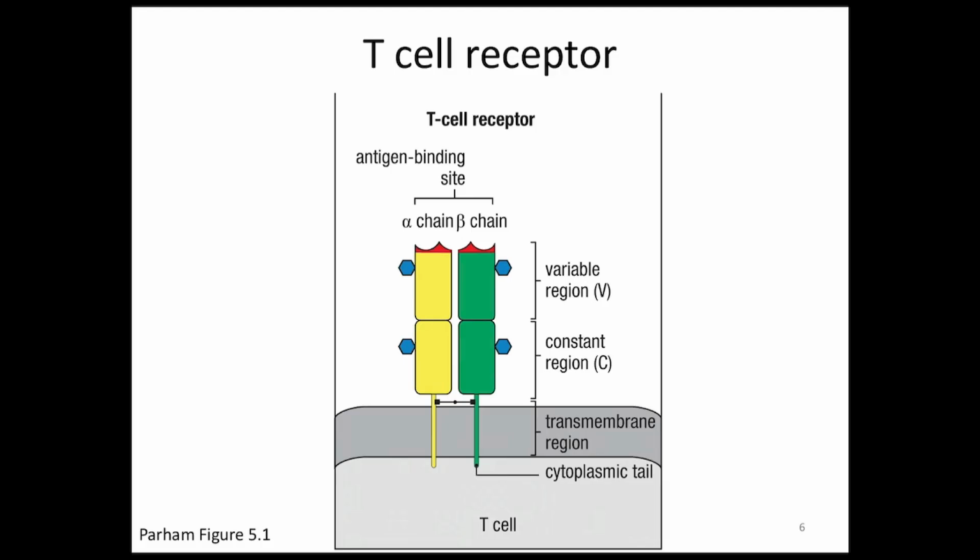So here you can see the T cell receptor. As you look at this image, what do you notice, or what might you think about the T cell receptor on those same points? Yep, Miles. So it does have a transmembrane region. The B cell receptor has a transmembrane region too, but its cytoplasmic tail was crazy short, I think only 3 amino acids long, so it couldn't really do anything. So what are you noticing here?